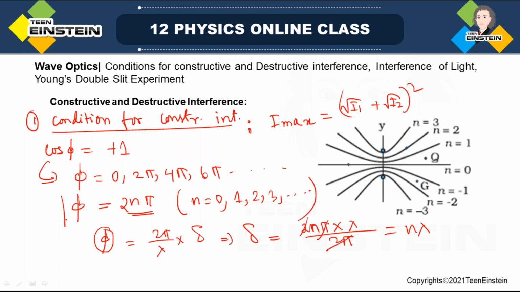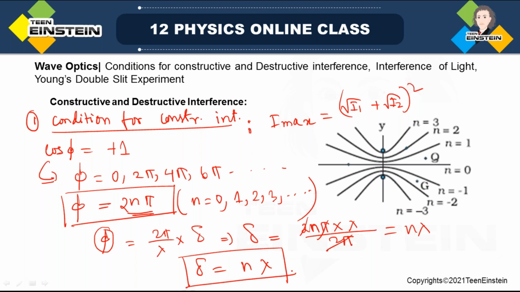So for constructive interference to happen, you can write conditions in terms of path difference and also in terms of phase difference. In terms of path difference, your path difference has to be an integral multiple of lambda, where n is equal to 0, 1, 2, etc. So these are two conditions.